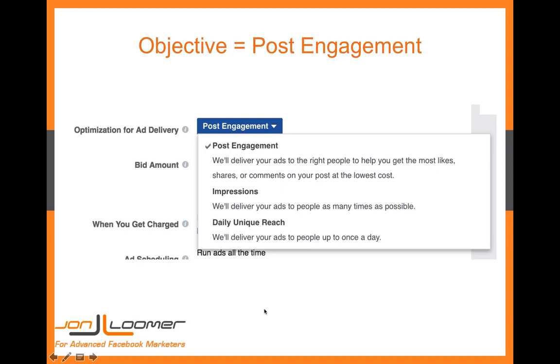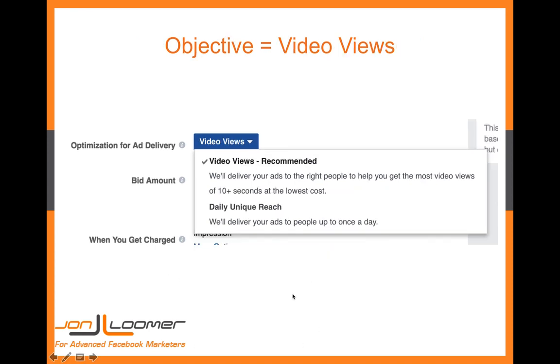Post engagement you could use. Again, I'm only focusing on the ones you could use if you're trying to get conversions. I'm not one to use this, but I know that others have. So engagement's your objective, and then they'll show it to people most likely to comment, like, and share. And yes, social proof is important, so it's definitely something to experiment with.